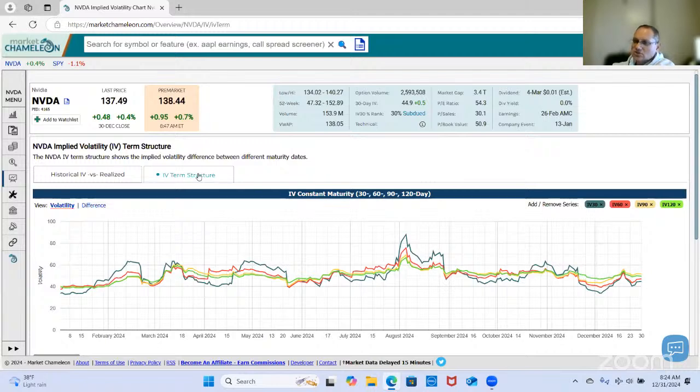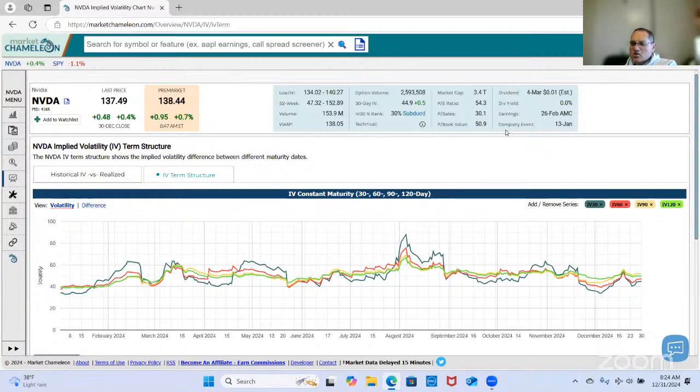Well, this now includes the IV 60, the constant maturity for 60 days, IV 90 days, and 120 days. And this lets us look at the implied volatilities of different maturities, different expirations, let's say, in Nvidia, starting from 30 to 60, 90, 120, the longer dated ones.